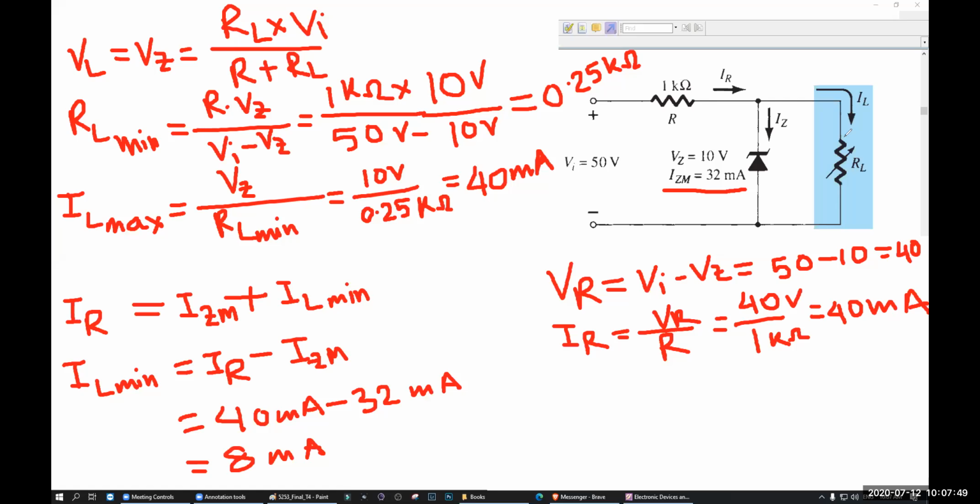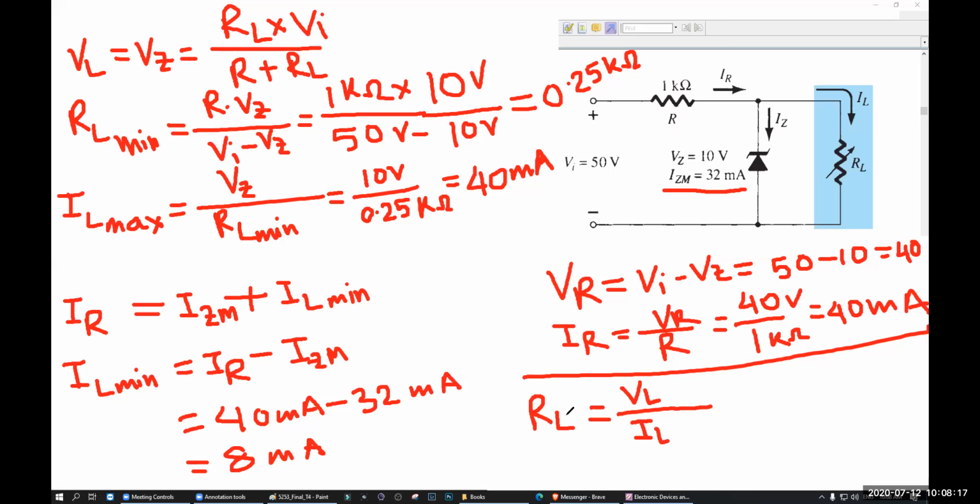Now, what about the maximum RL? See, from the formula we know RL is equal to VL or VZ divided by IL, right? Voltage divided by current is equal to resistance. We know it, right? What is the voltage here?